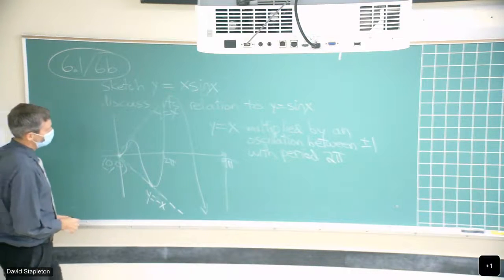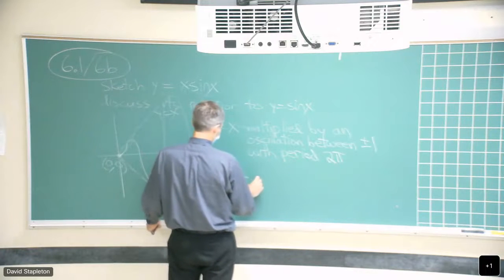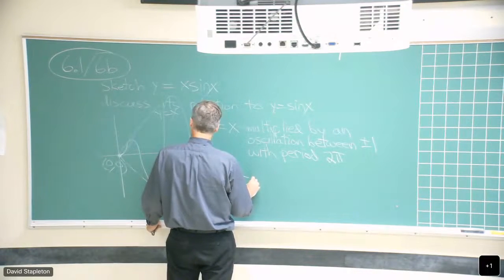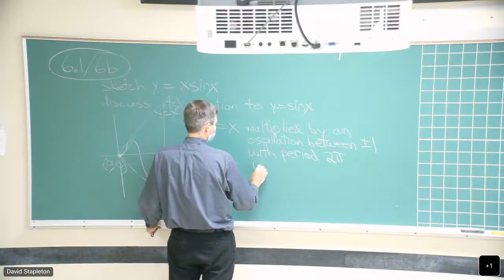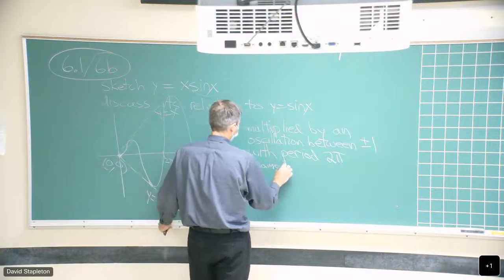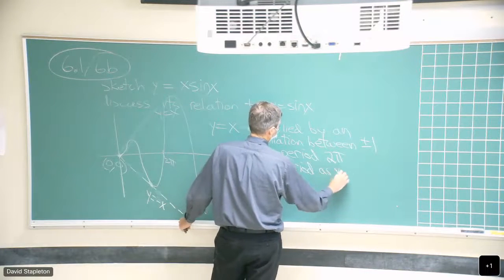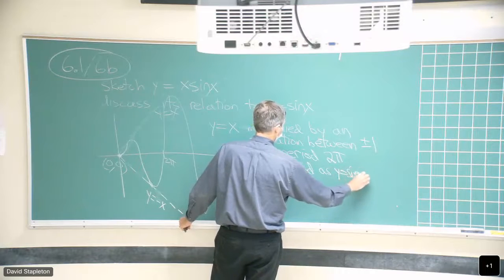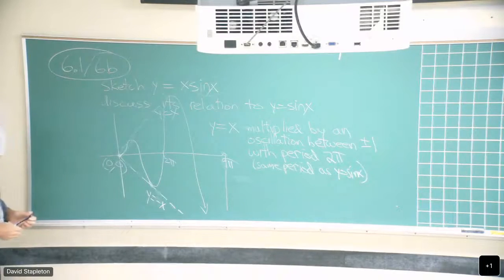You get a graph like this and you say, it looks like this, same period as sine x. So here's the description. That's what they want you to do on this one.